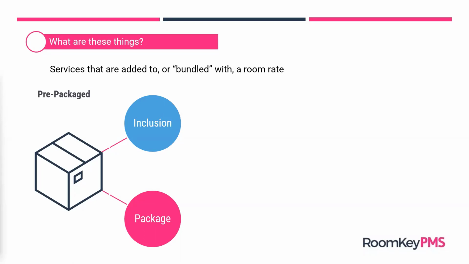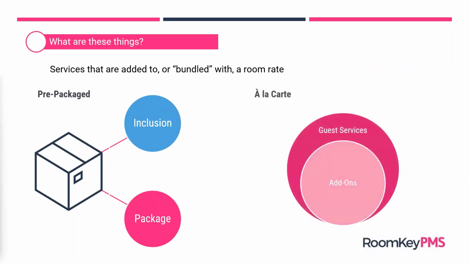Now we can also use services individually and add them to existing reservations. This is more of an a la carte style of adding services to a booking. So I have guest services here and add-ons. We use the term add-ons to define any guest services that are booked online that the guest themselves is adding on to their booking. So with an a la carte guest service or add-on, the guests can be unrestricted, so they're not required to book a pre-packaged rate.